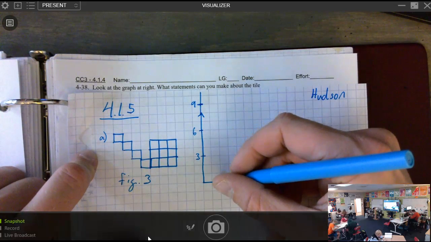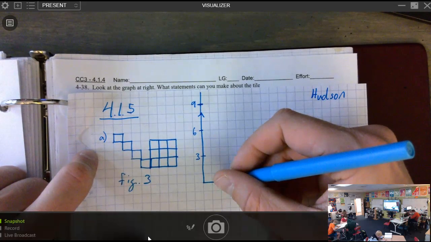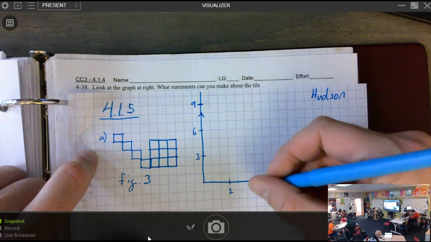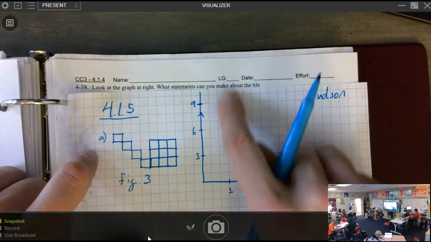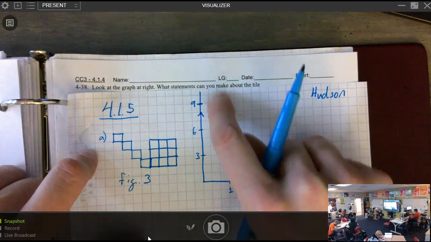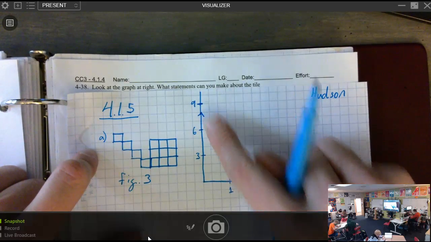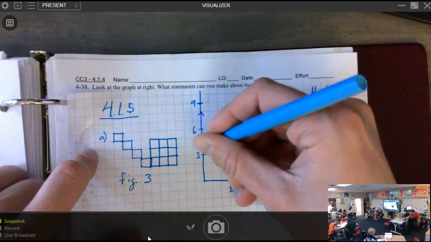But then down here, maybe I'll just do this. 1, 2. You can scale your axes however you feel like it. I don't love this out of place arrow. So then we said it looks like it's starting at 4.